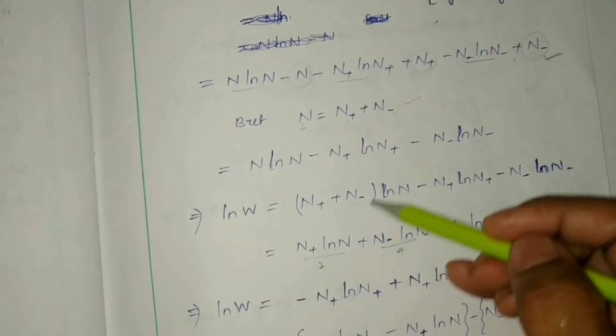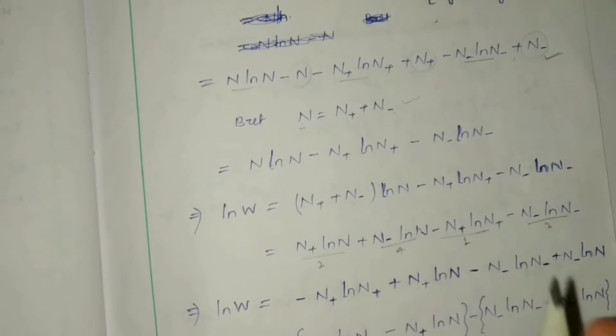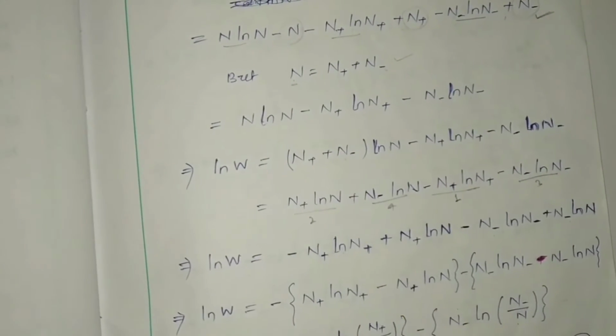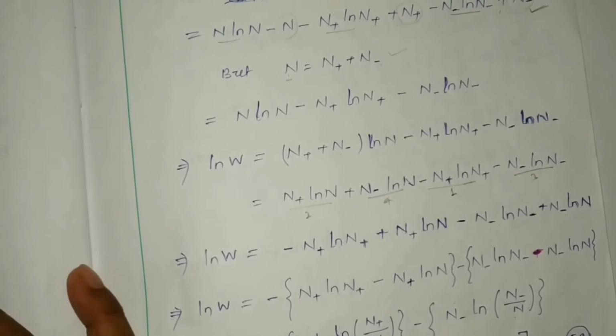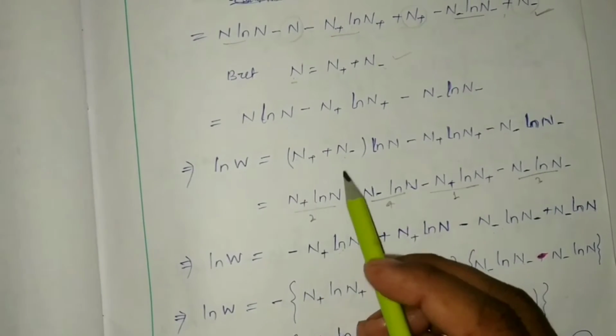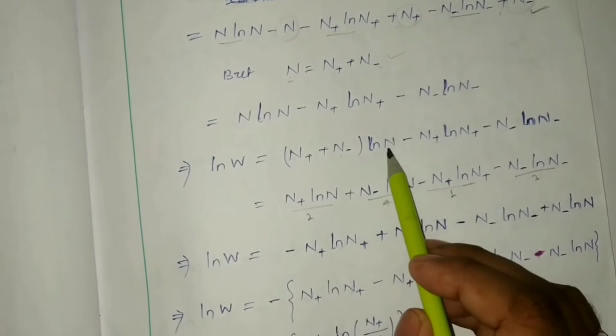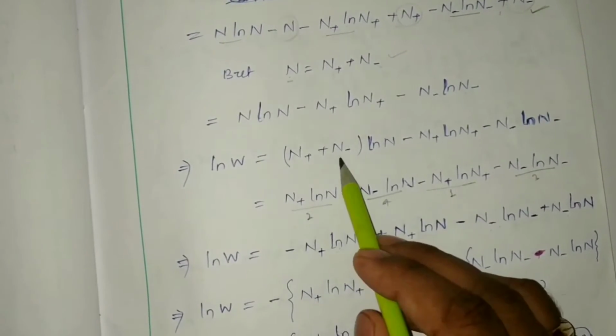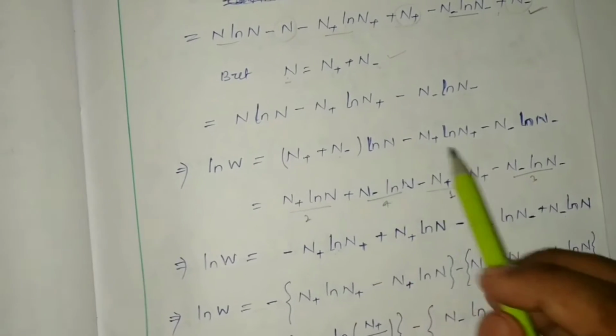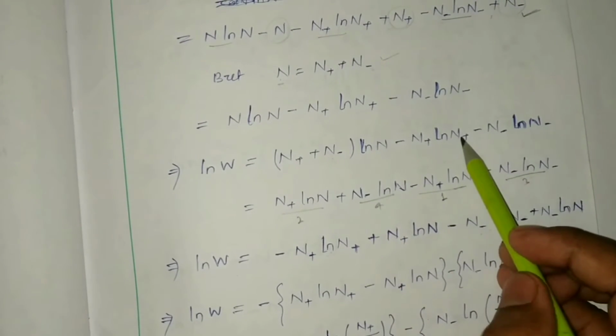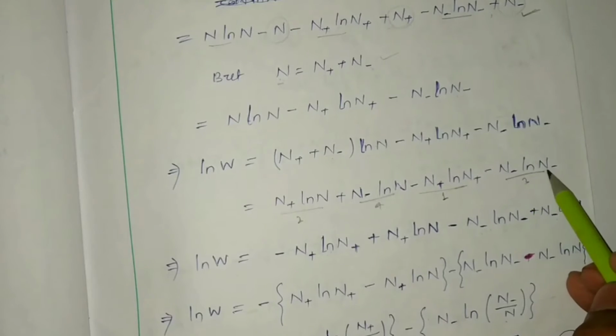For further simplification we are doing these things, nothing else. So here you can see, just multiply: n plus ln n plus, n plus ln n minus, n minus ln n minus, n minus ln n minus, minus n plus ln n plus, minus n minus ln n minus.